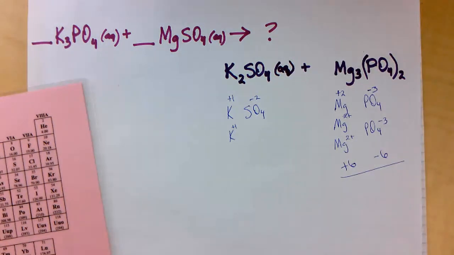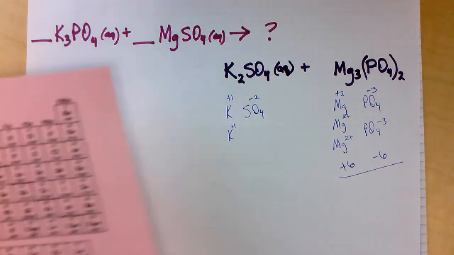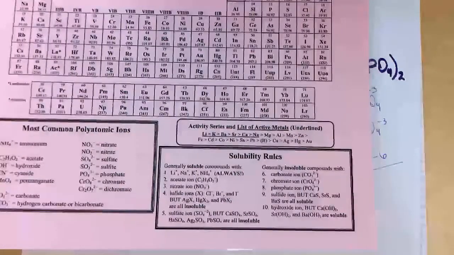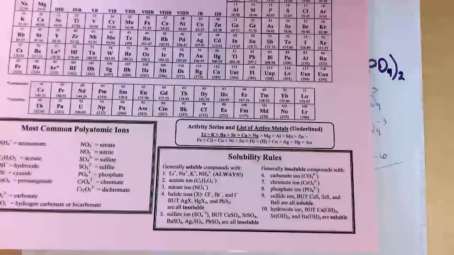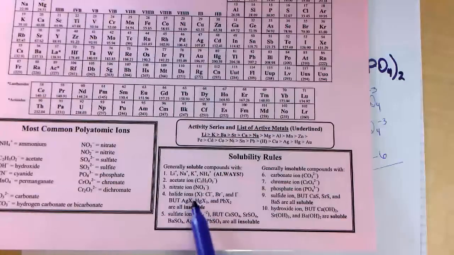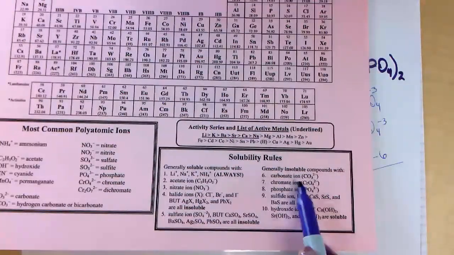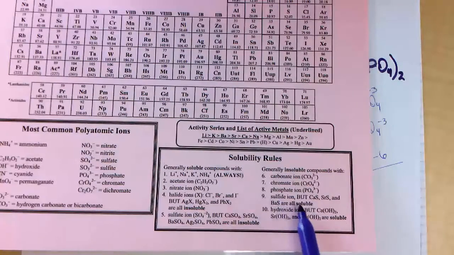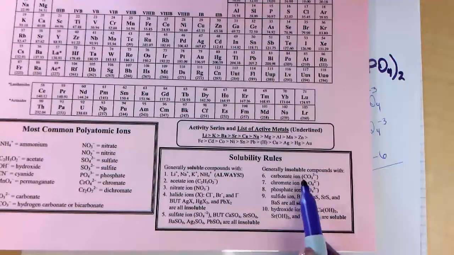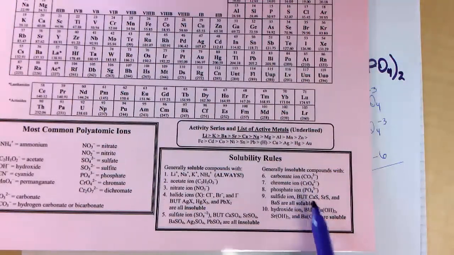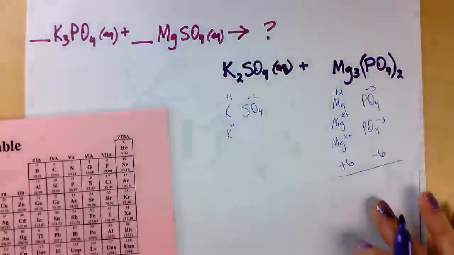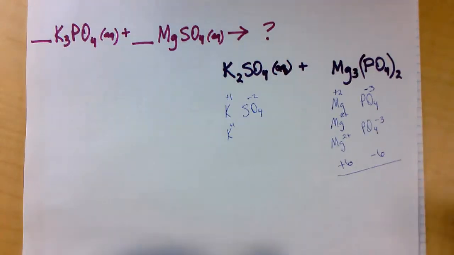AQ for aqueous. The other one is Mg3(PO4)2. So we're looking for Mg or PO4, whichever we come to first. No Mg, no PO4, no Mg. Aha, phosphate, PO4. It's on the insoluble side with no exceptions. That means it is insoluble. So what does it get?